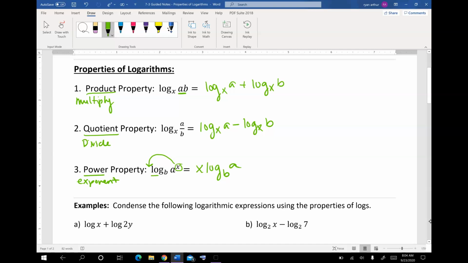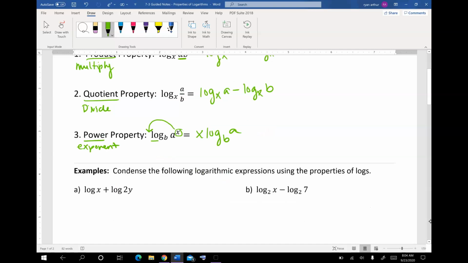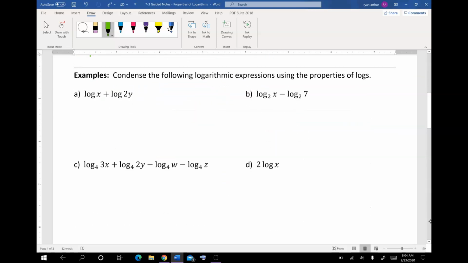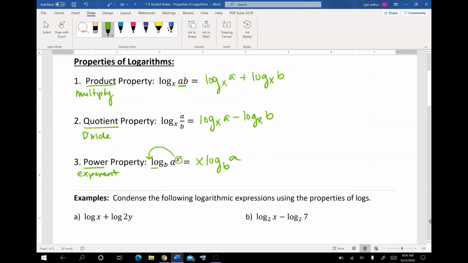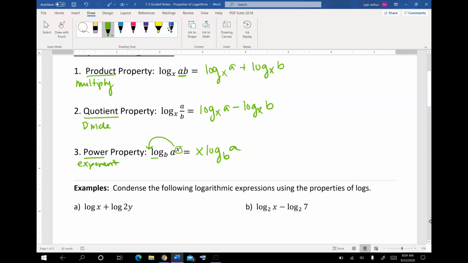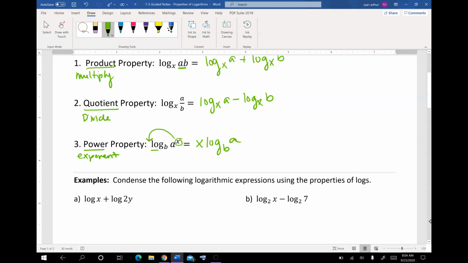Now, we are going to condense in this video. Then you'll have a little assignment, and then we're going to expand, and then you'll have another little assignment. So condense. What does condense mean? Condense means to make something smaller. If I tell you to condense the stuff in your book bag, it means I want you to get rid of some stuff. The one thing I also say is when you're condensing, your answer should only have one log.